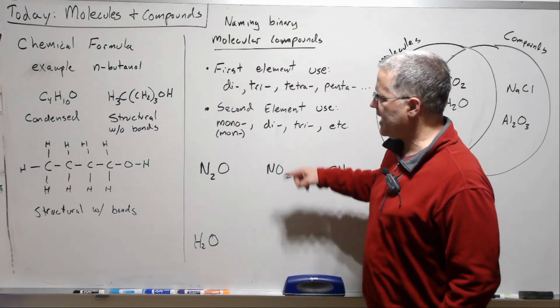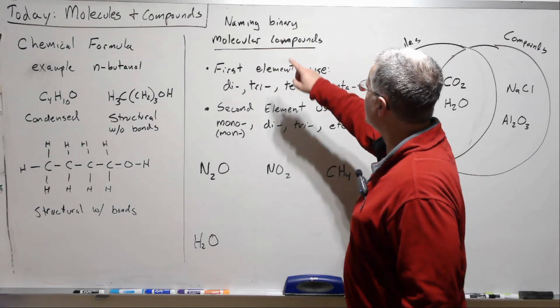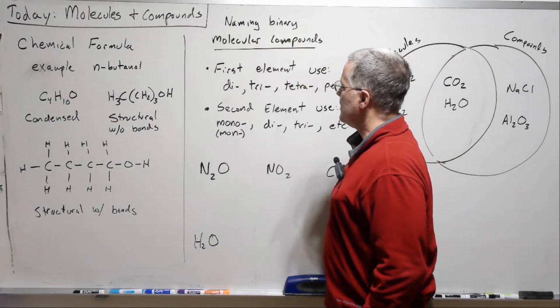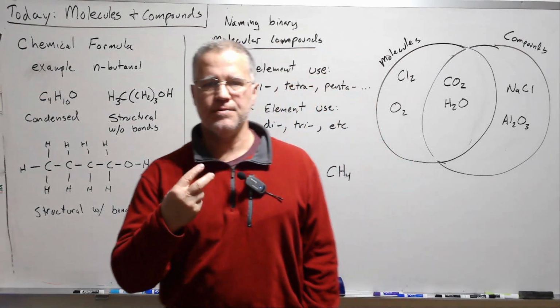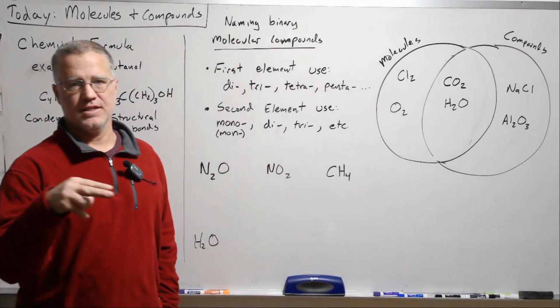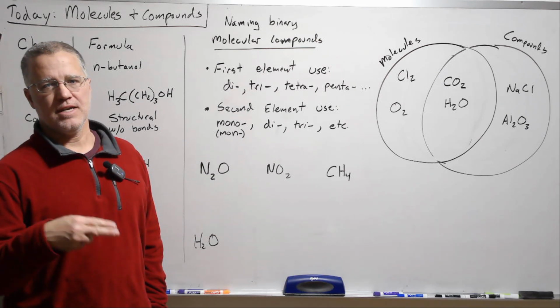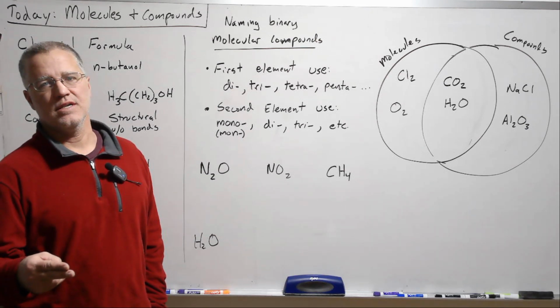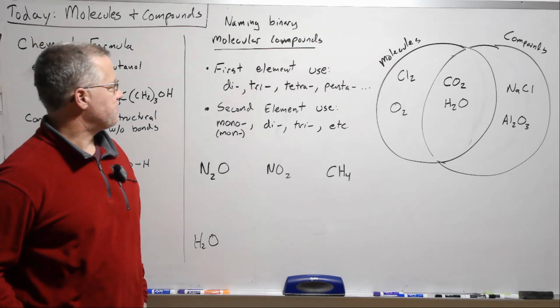All right, so for today, let's focus on molecules, particularly binary molecules, binary molecular compounds. So this will be two different types of atoms in the molecule. Now we might have many atoms, but there's two different types.